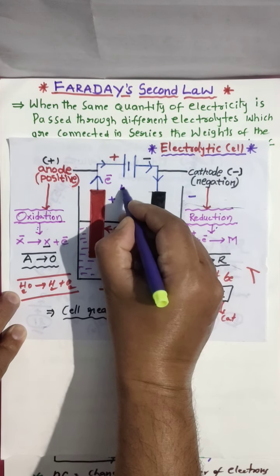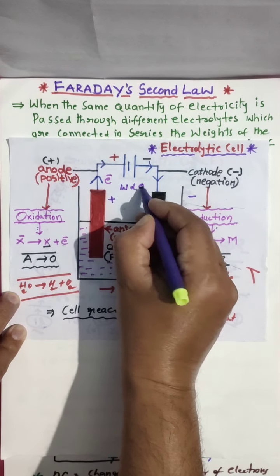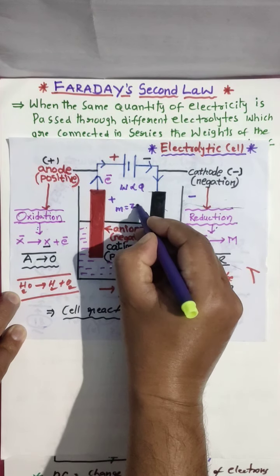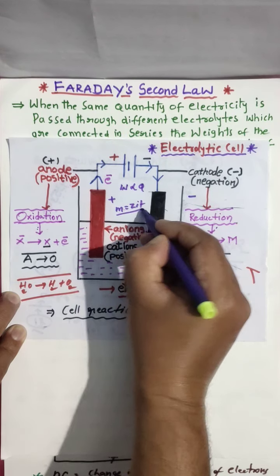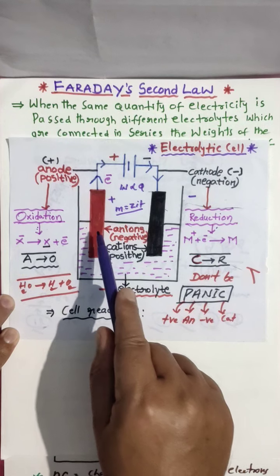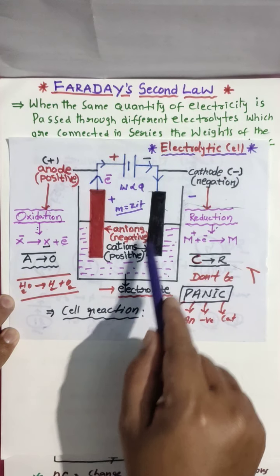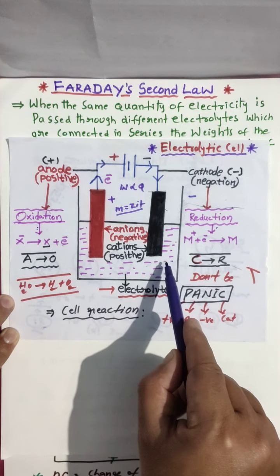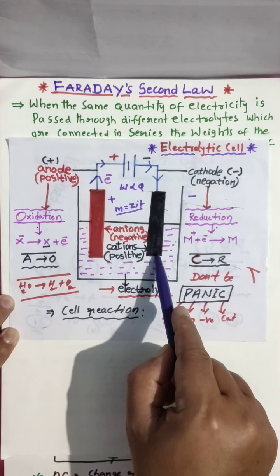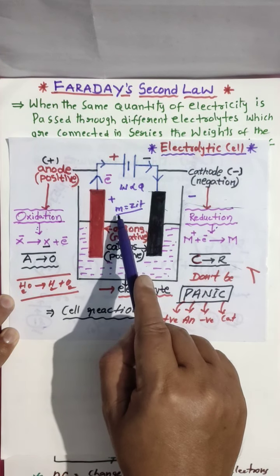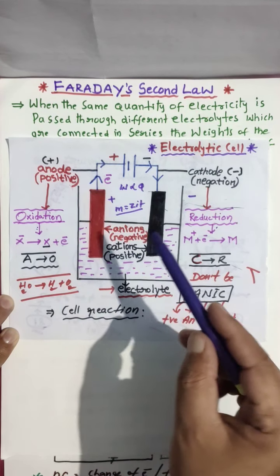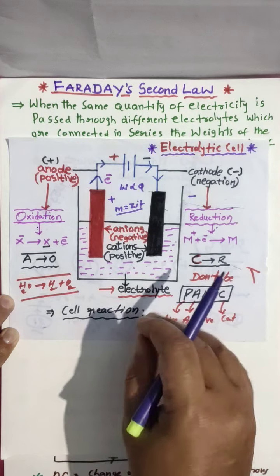W is directly proportional to Q, or M equal to ZIT. This is Faraday's first law. When current I is passed through a single electrolyte, the amount of substance deposited on the cathode depends on M equal to ZIT.